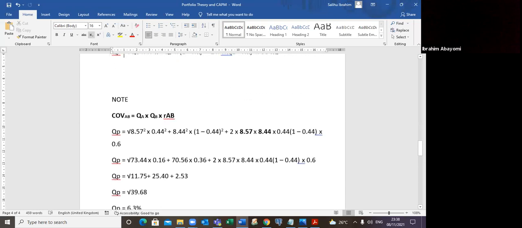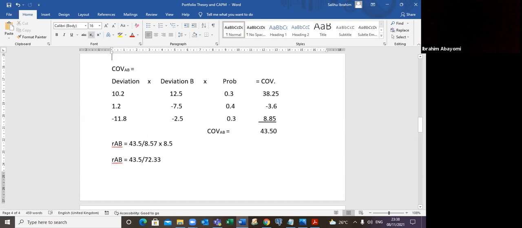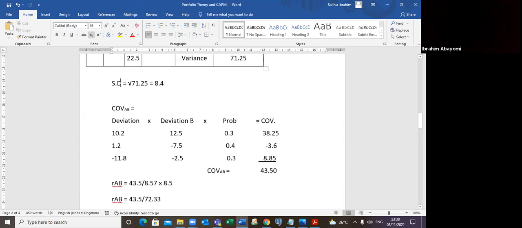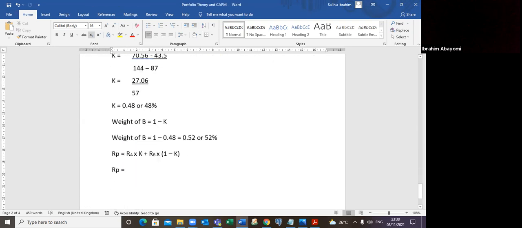For A, 16.8. Times the weight of A, which is 0.48, the new weight that you computed.